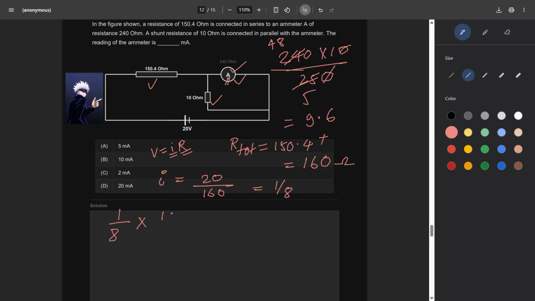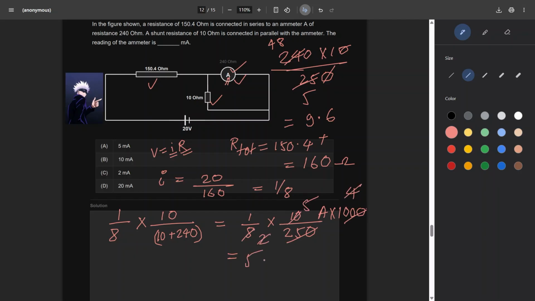That will be 10 by 10 plus 240, right? That is 1 by 8 into 10 by 240, right? That is in amperes, so we will convert it into milli. So this is 4, this is 2, this is 5 milliamps. This is it.